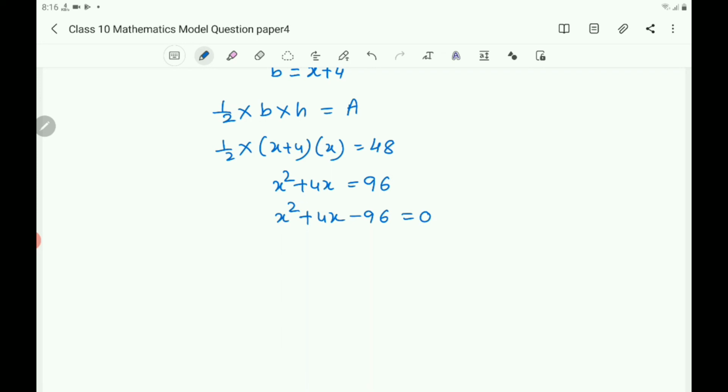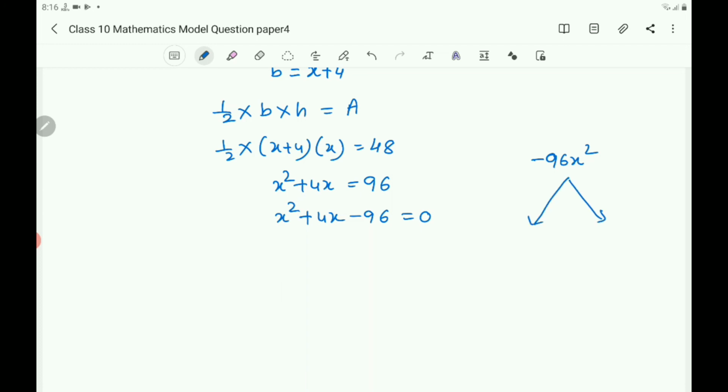Then here we have to solve this quadratic equation. You got this form of quadratic equation, which is in the form of ax square plus bx plus c equals 0. You can solve it by using the quadratic formula or by the method of factorization. Here if you want to take the product and sum, here the product is minus 96x square and the sum is 4x. So you know that the product is having different sign.